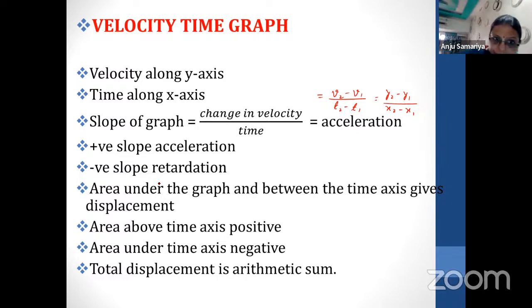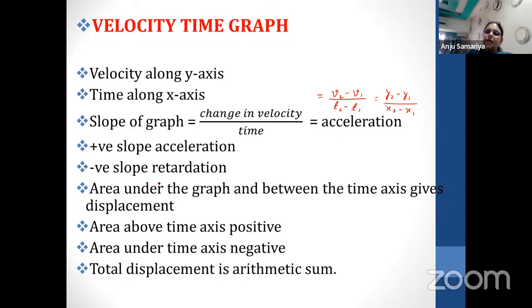Now here are two things we get. One is the slope that gives us the acceleration. The second is the area under the graph. The area under the graph between the time axis and the graph gives us the displacement. So from velocity time graph, if we take out slope, we get the acceleration.